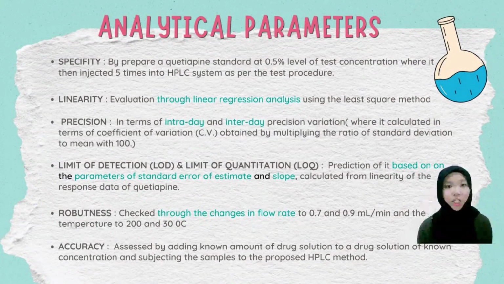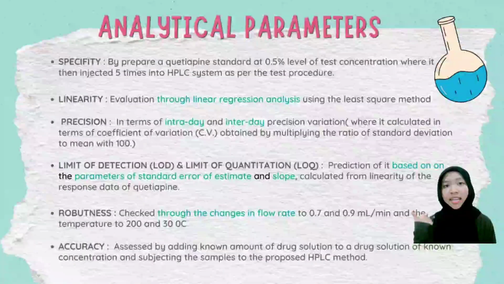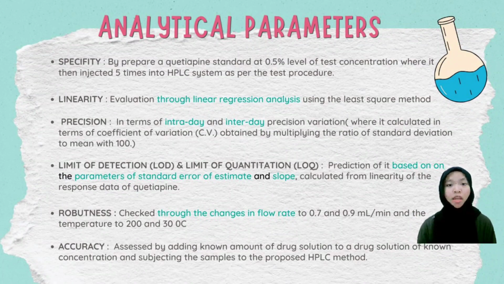Third, precision was determined in terms of intraday and interday precision variation, calculated as the coefficient of variation obtained by multiplying the ratio of standard deviation to mean by 100. Next, the limit of detection and limit of quantitation are based on the standard error of estimate and slope calculated from the linearity of the response data of quetiapine.